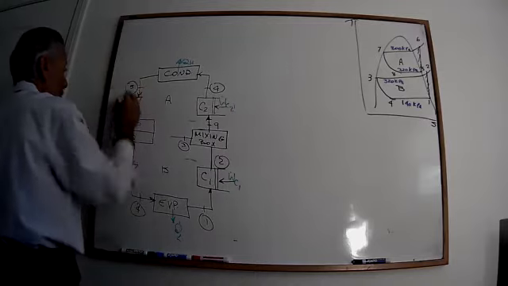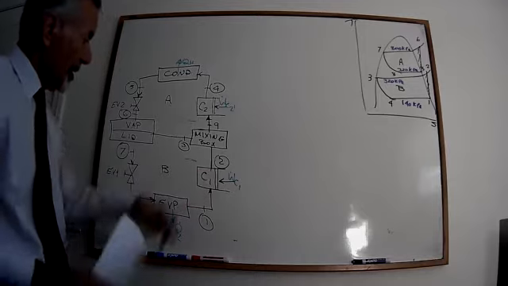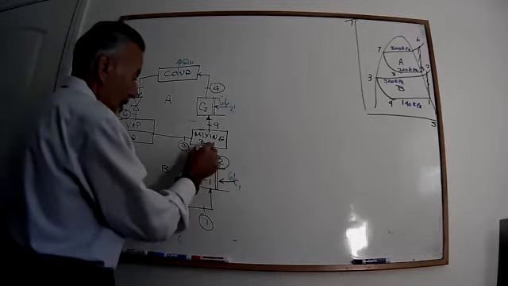So what is happening here: my refrigerant comes up, goes to the first compressor, and at point 2 comes out and then enters this mixing box.